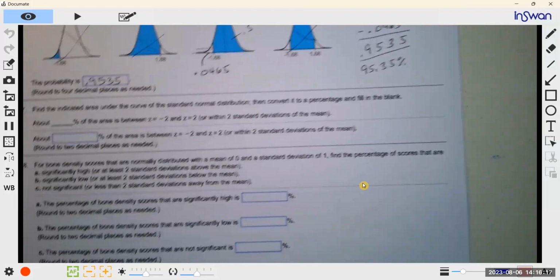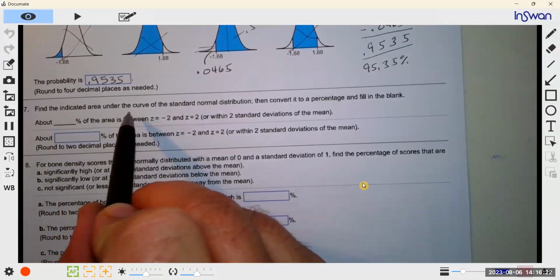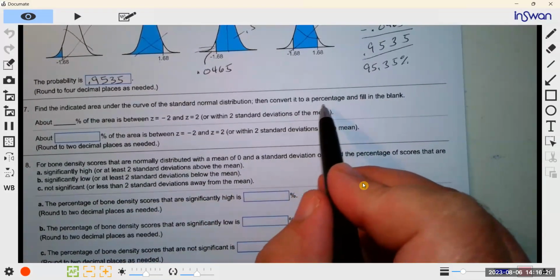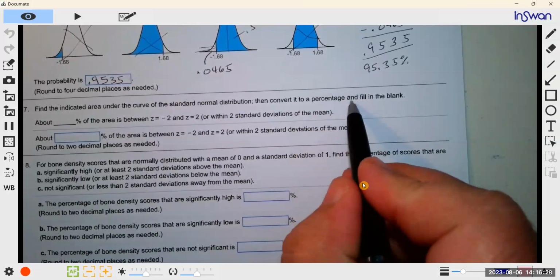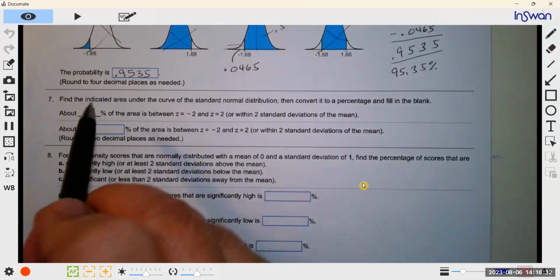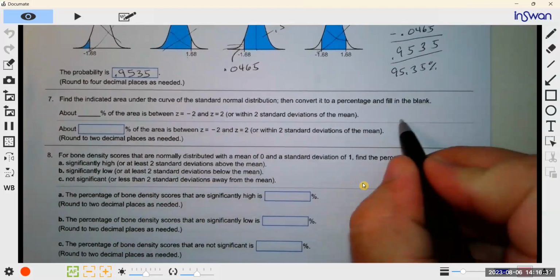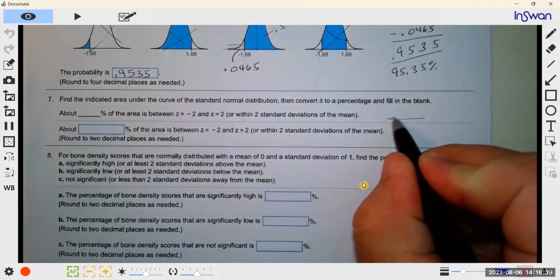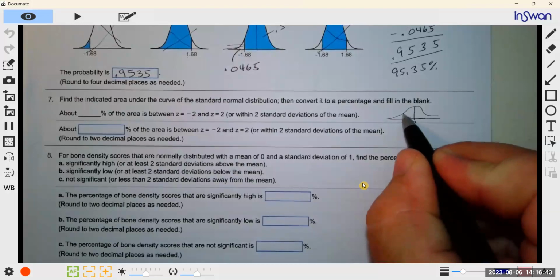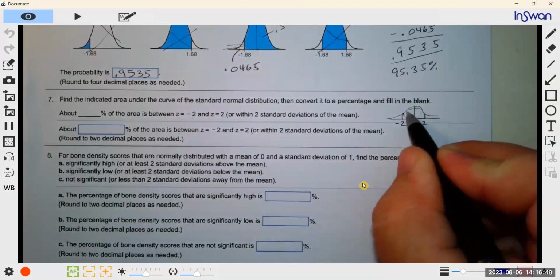Number 7. Find the indicated area under the curve for the standard normal distribution, then convert it to a percentage and fill in the blank. About how many percent is the area between -2 and 2? So here's 0, so -2 standard deviations to 2 standard deviations. How much is this area?